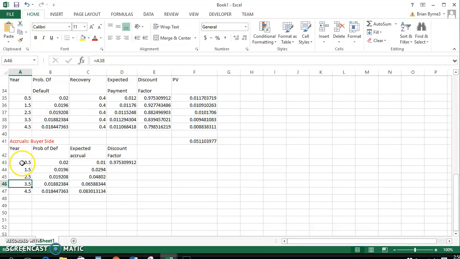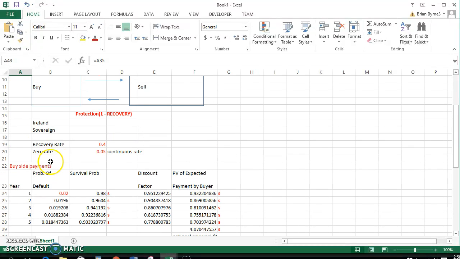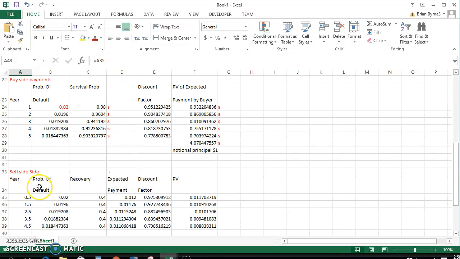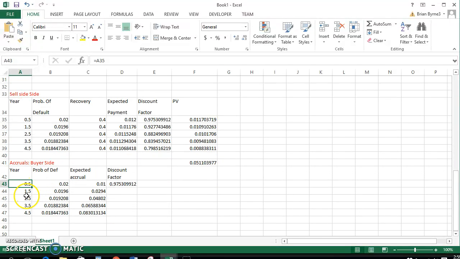The buy side would also have to pay half of the year's S. So you're pre-committing to pay 5S, but in the event of default in year 3, we come down 1, 2, 3, so that would be 2.5 years in, and we would pay half. The value of what we would pay again should be half, so I should change that to 0.5.